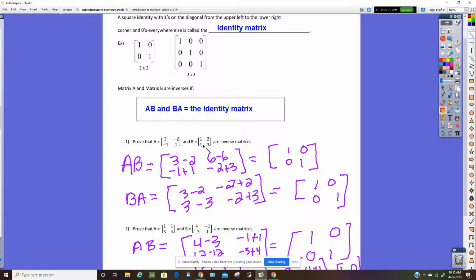Then the second row times the first column is 3 minus 3, which is 0. And then the second row times the second column: 1 times negative 2 is negative 2, and 3 times 1 is 3. Then you sum the products, and you do end up with the identity matrix: 3 minus 2 is 1, negative 2 plus 2 is 0, 3 minus 3 is 0, negative 2 plus 3 is 1.